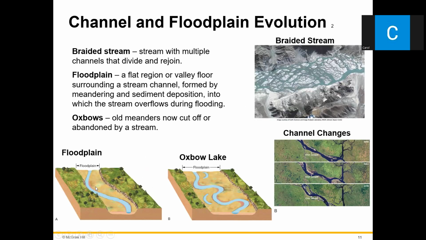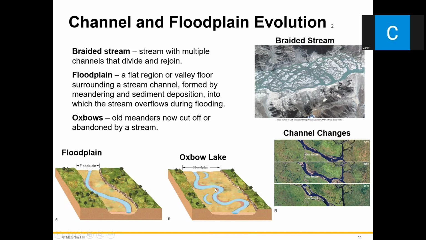Through time, these change. They like to flatten things out. So eventually, the whole area becomes flatter and flatter and flatter, as well as widening the area out and flattening around. During floods, the river will find little shortcuts to take and will cut off a meander.